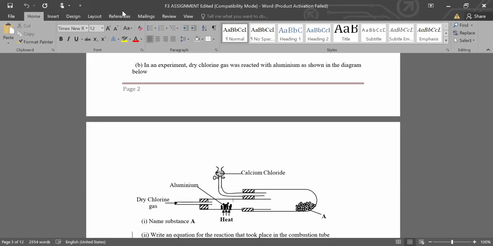We can see the diagram. We have gone through.